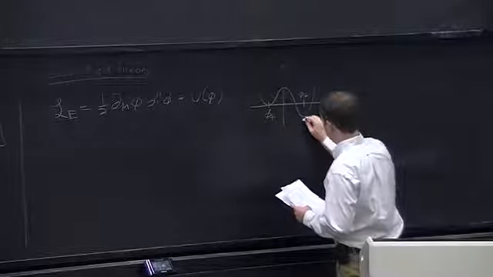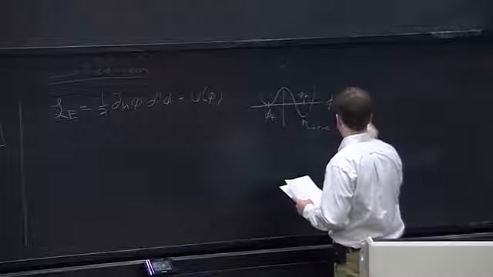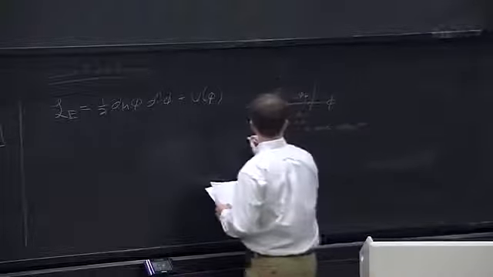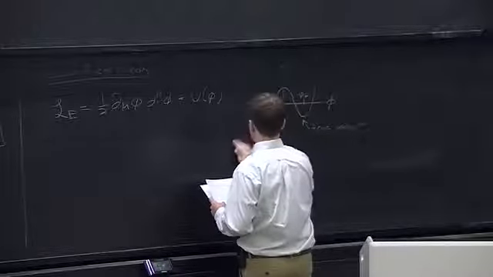The global minimum is sometimes called the true vacuum, and the local minimum is called the false vacuum.